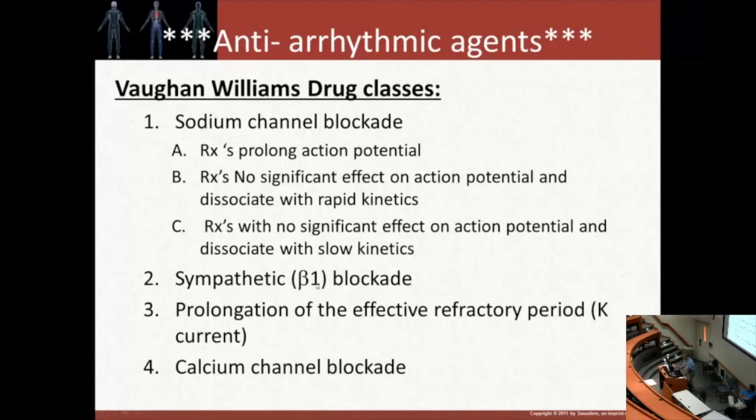The second group are sympathetic beta-1 antagonists, which can act as antiarrhythmic drugs. The third group are drugs that prolong the effective refractory period, and these are potassium current altering drugs. And finally, the fourth group are the calcium channel blockers. So all 4 of these drug classes are used as antiarrhythmic medications.